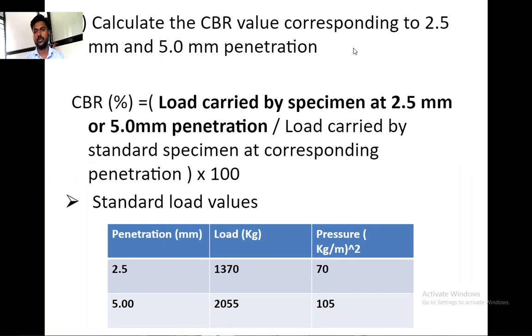Done? Have you written? Done, sir. Okay, so see here, this is a very important table. It shows how much standard load should be taken for the standard penetration, that is, for 2.5 mm penetration and for 5 mm penetration.